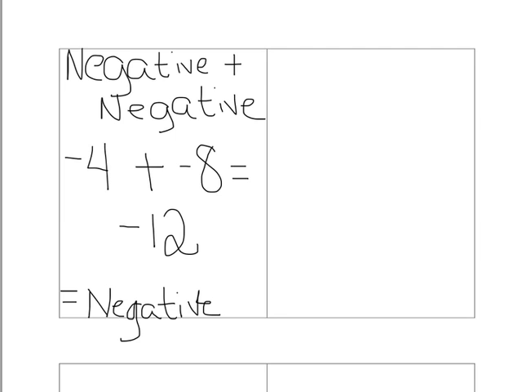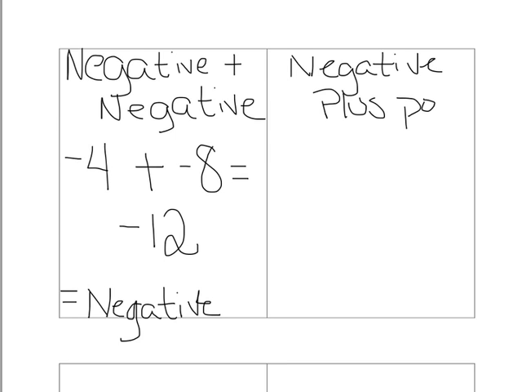When we do a positive plus a negative or a negative plus a positive, our answer depends on which number is bigger. Negative plus positive, we already did in the first example, so I'll do one more though. Negative plus a positive. So let's say we've spent $2 on our iTunes account, and then our mom gives us another $5 gift card for iTunes.